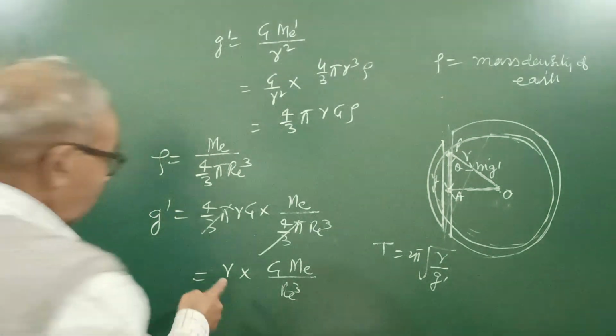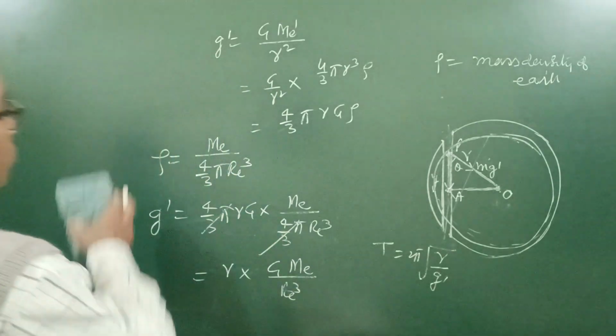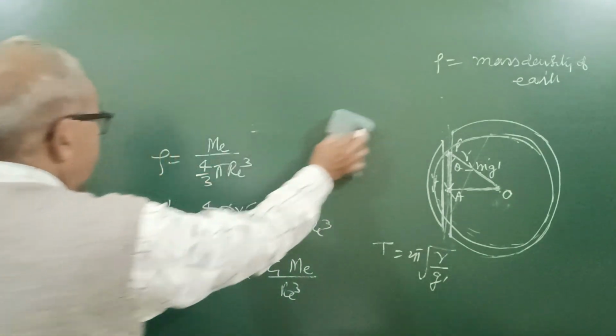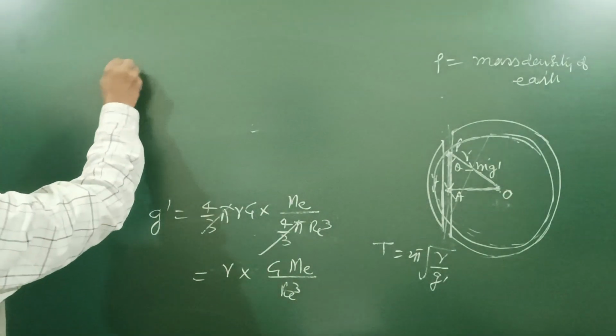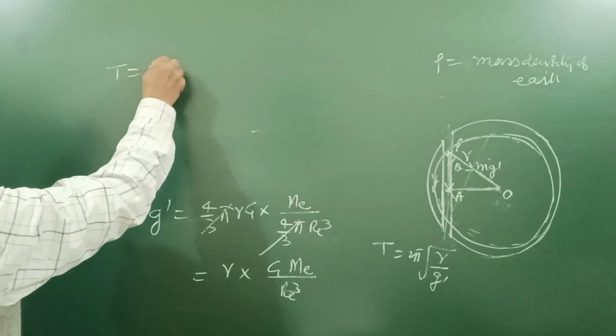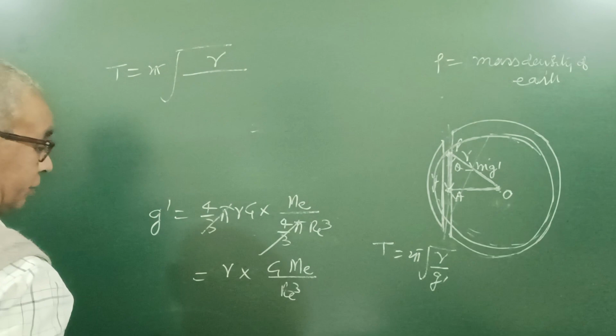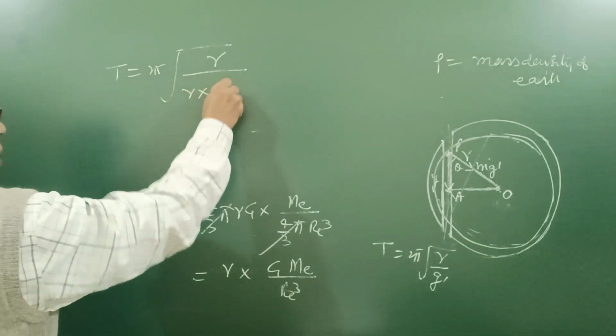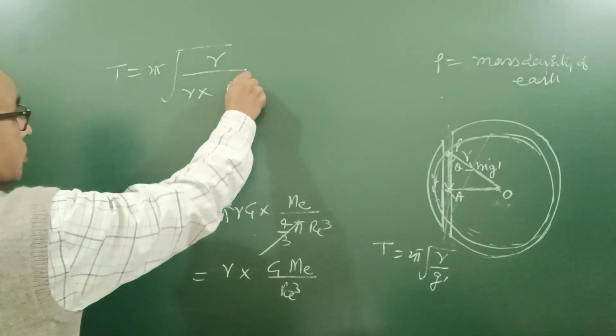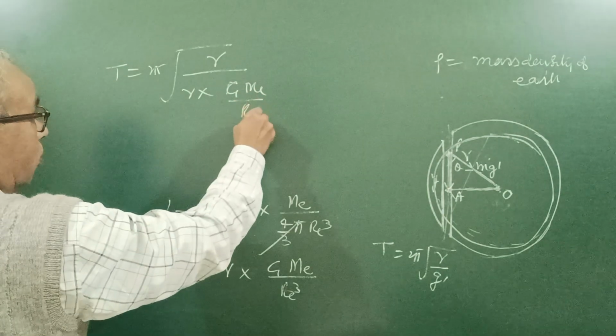If I put this value of g dash here, we get T equals 2 pi under root r upon r into G M e upon R e cube.